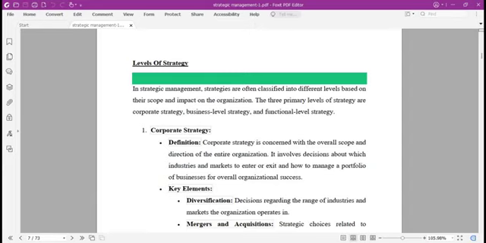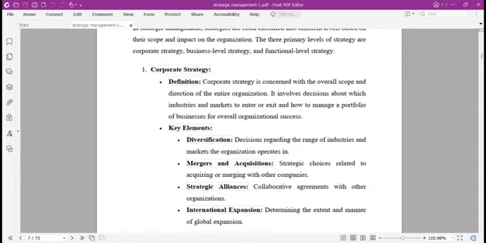Essentially, we have levels of strategy, which are the corporate strategy, the business strategy, and the functional level strategy. As the name suggests, what does it mean to have a corporate strategy?